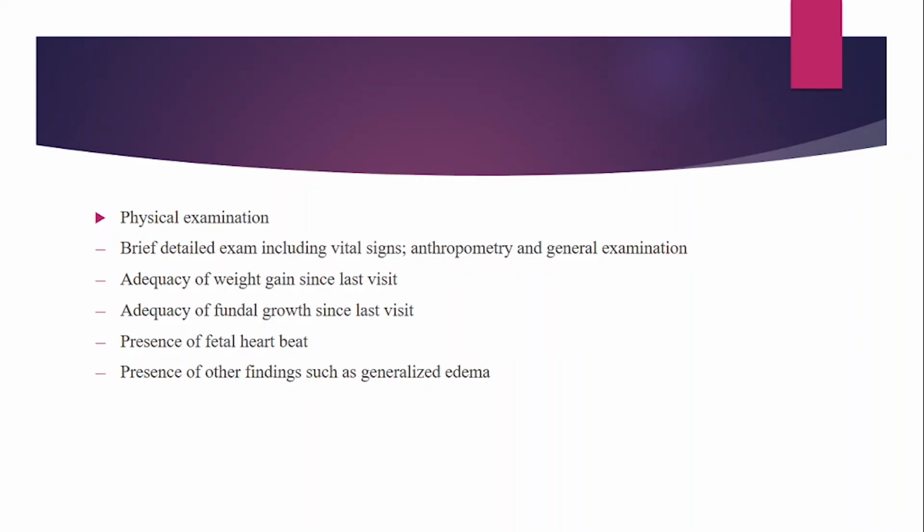The adequacy of fundal growth since last visit must be compatible with the gestational age. I mentioned earlier that the fundal height is plus or minus 2 weeks the gestational age of the patient. When you measure from the pubic symphysis to the fundal height, it is usually plus or minus 2 weeks.